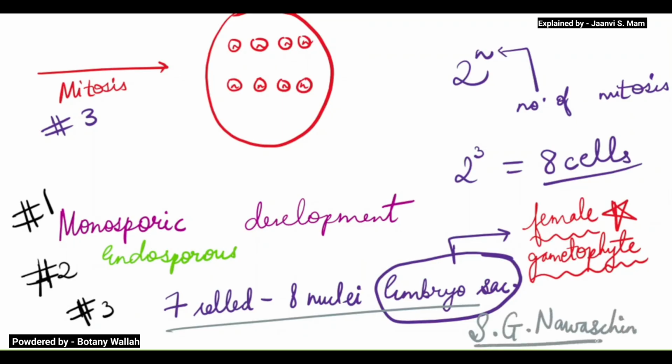He has given embryo sac development too. He discovered this embryo sac, the seven-celled, eight-nucleate structure, in a plant known as Polygonum. In this particular type of plant, he discovered this structure of embryo sac. Okay, so this is the entire thing you should know about it.